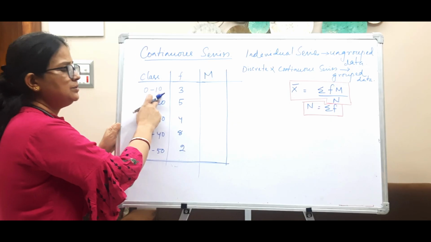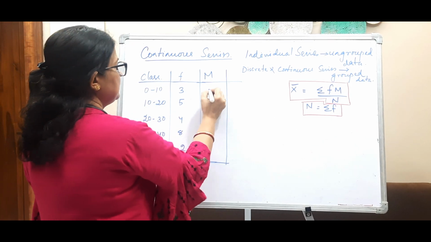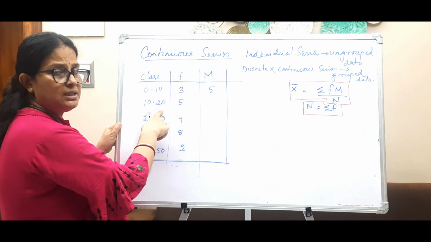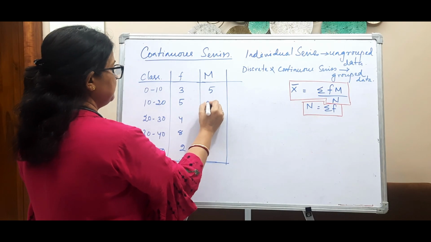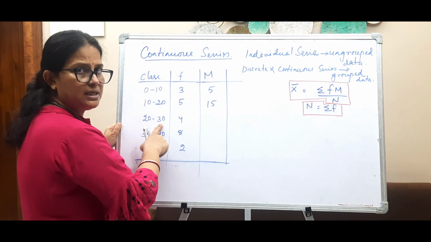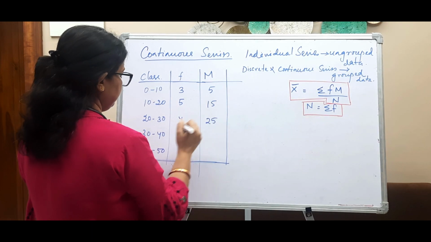So how are we going to do it? We have to do 0 plus 10 divided by 2, that is 5. Like this, 10 plus 20 is 30, 30 divided by 2 is 15. Here 20 plus 30 is 50, 50 divided by 2 is 25.